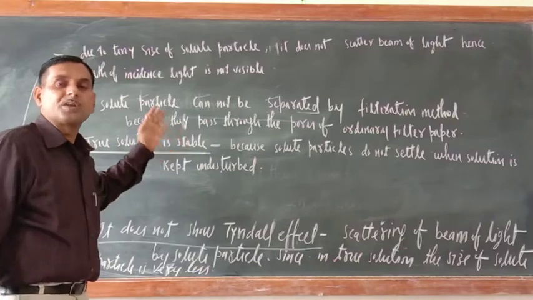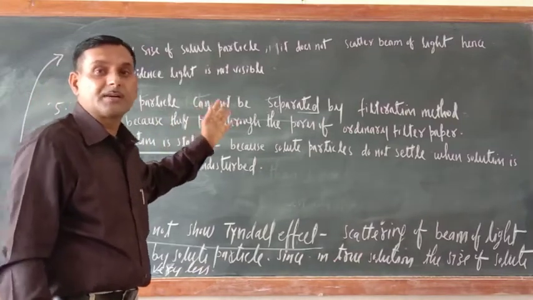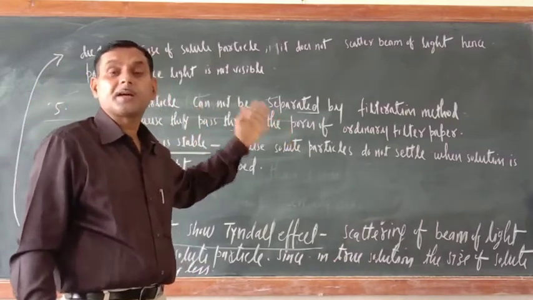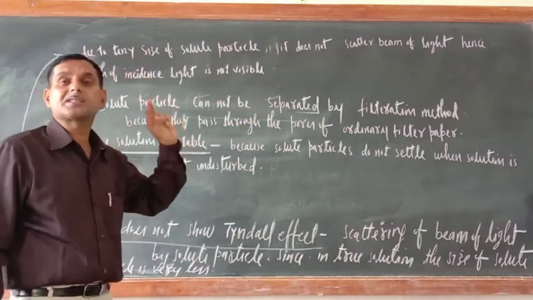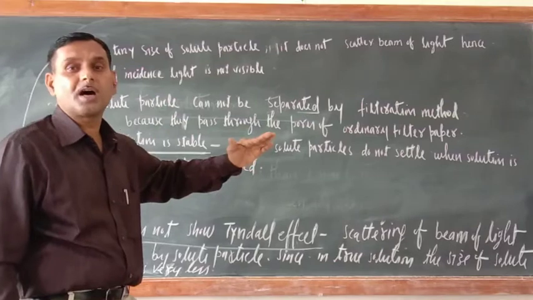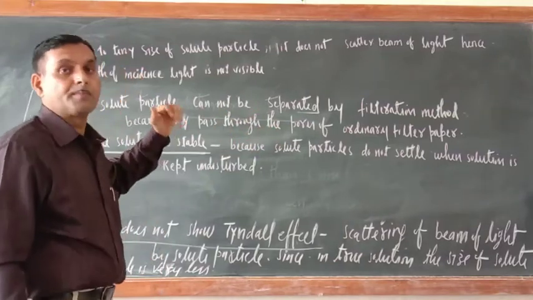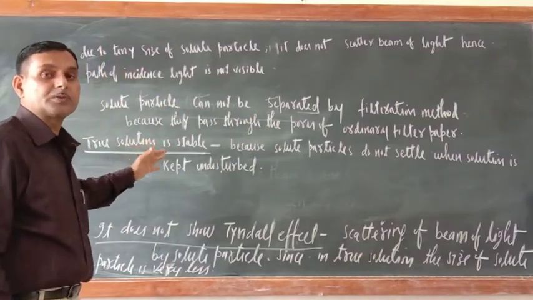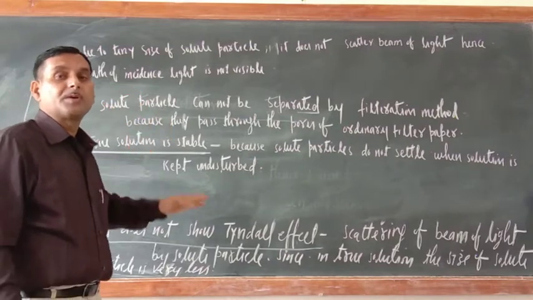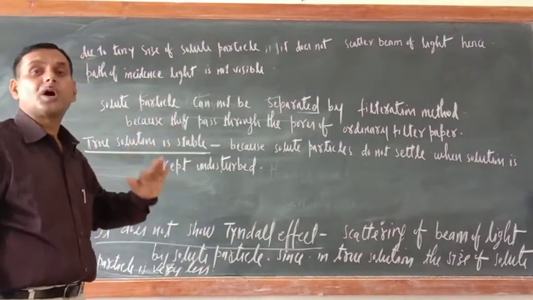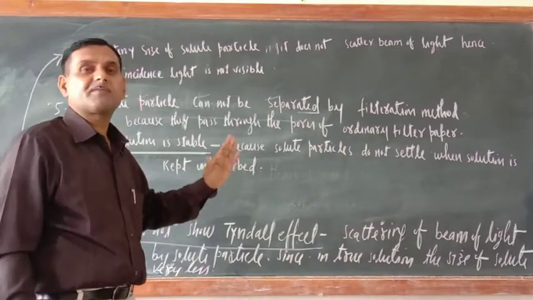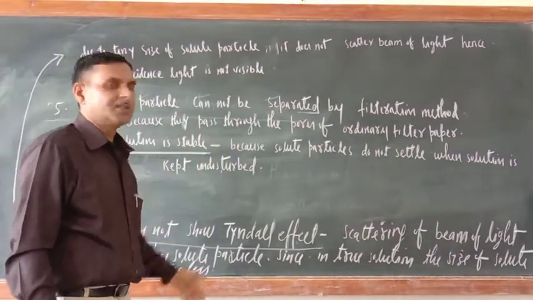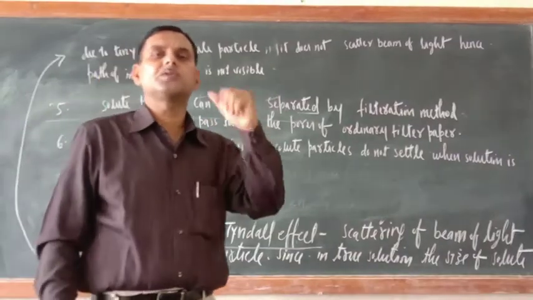Next one is true solution cannot be filtered by ordinary filter paper, that is filtration method, because their particles are so small they can pass through the ordinary filter paper pores. Next one, true solution is stable because their particles do not settle down when kept undisturbed for some period of time. So these are the properties of true solution.